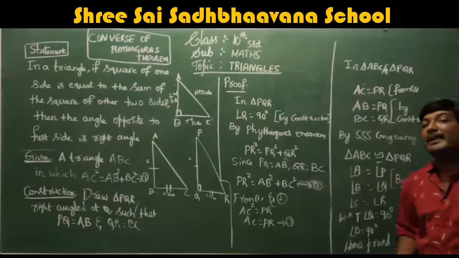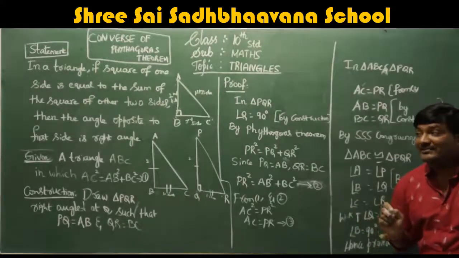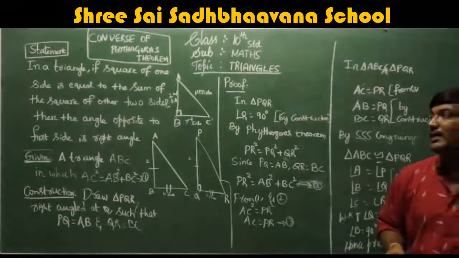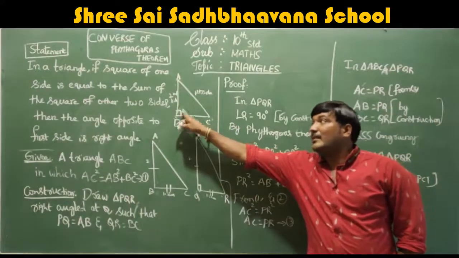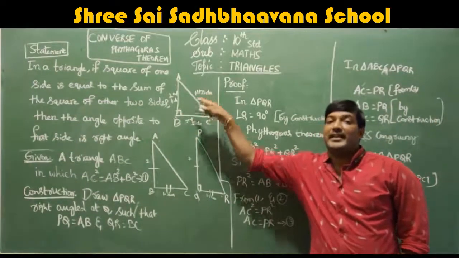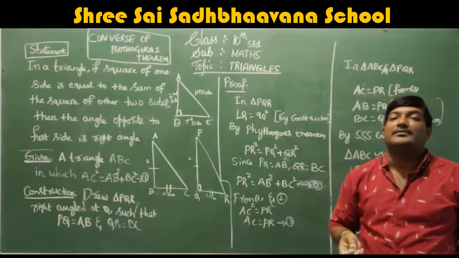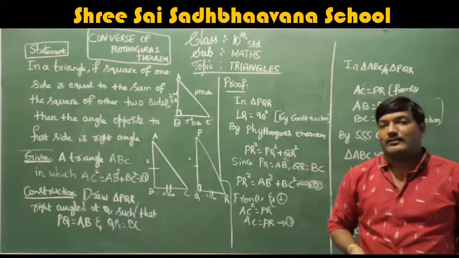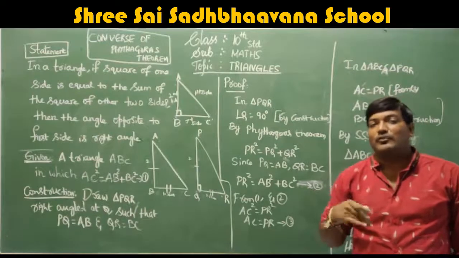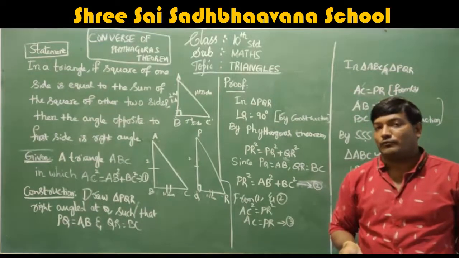So we proved that angle B is 90 degrees. It means we proved that triangle ABC is a right angle triangle. This is the converse of the Pythagoras theorem.